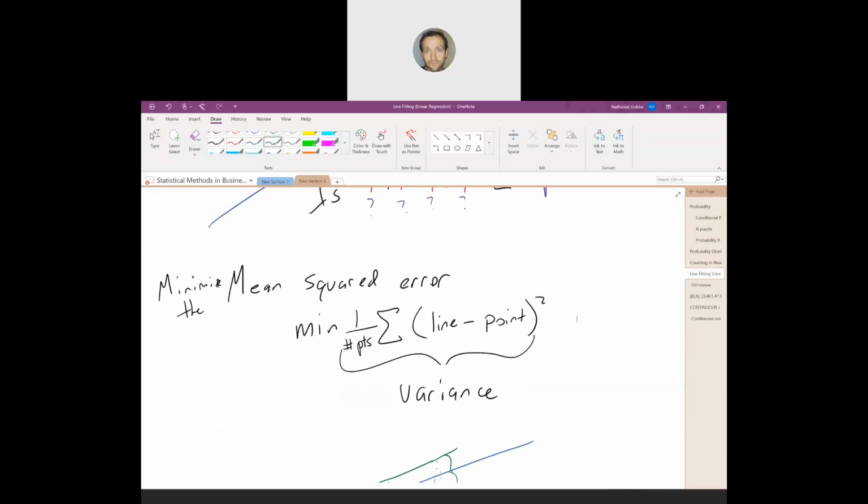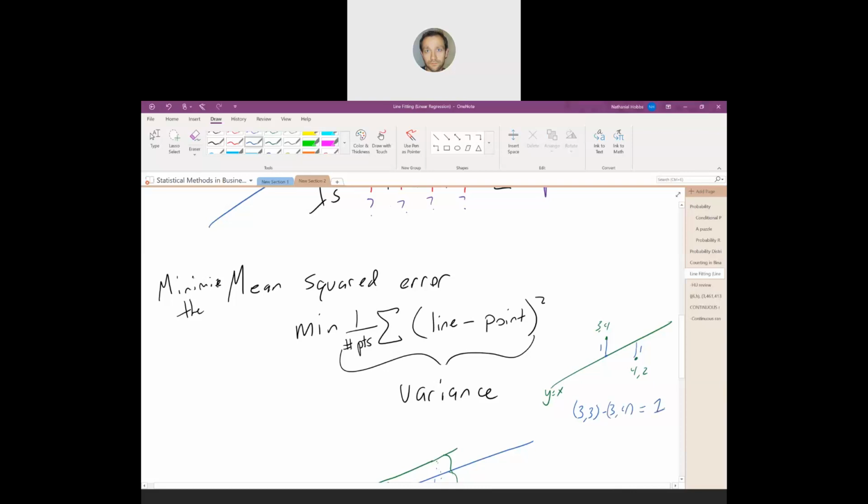So one problem would be if here's like this. Let's say this is y equals x, and this is 3, 4, and this is 4, 2. So that has a distance of 1 from the line, that has a distance of 1 from the line. But if you do the line minus the point, then the line here is 3, 3 minus 3, 4.